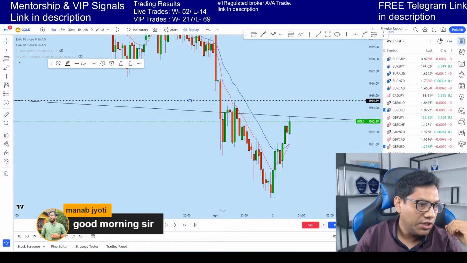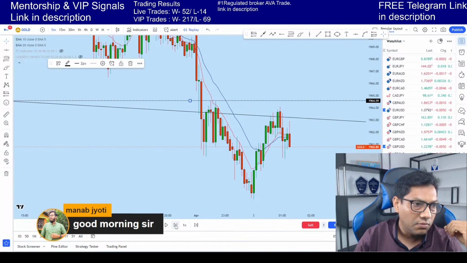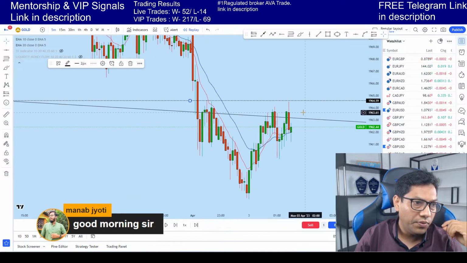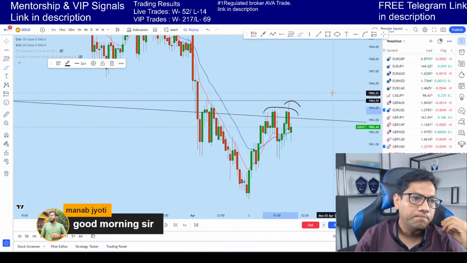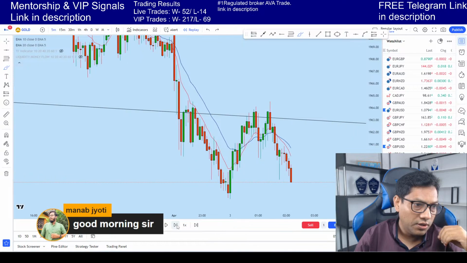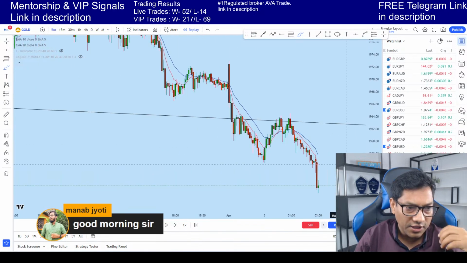The price has gone there, and from that level you saw a double top has formed. Now this is a very good place for a potential selling opportunity, and that's where you can take the big trade and hold it and then make money from the market like this.